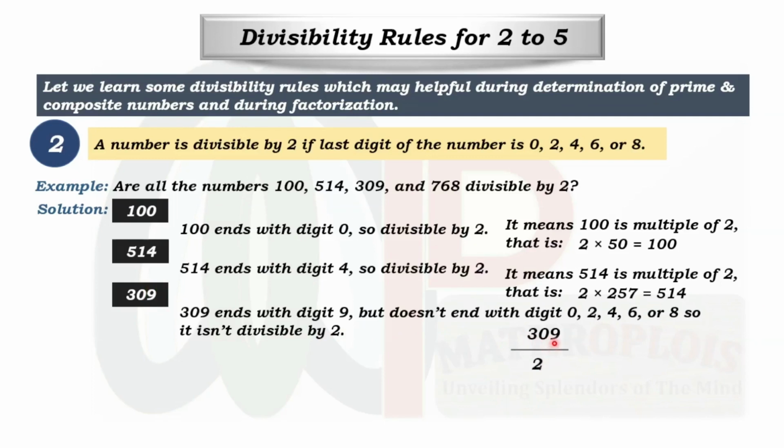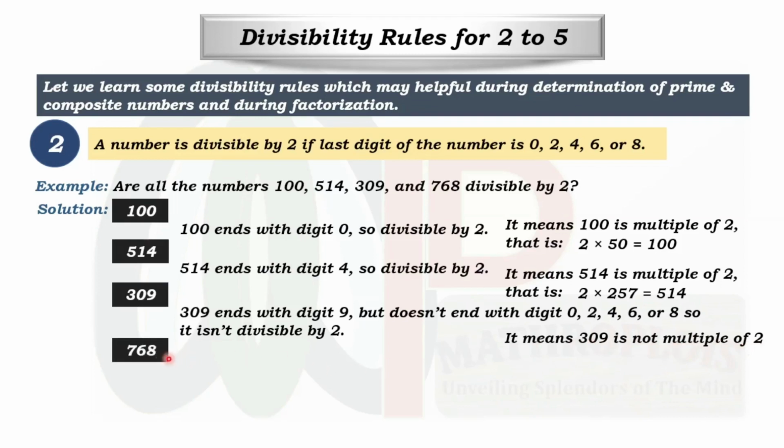The number 309 is not divided by 2 completely, but with some decimal part. That is 154.5, which is not a complete number, but has some decimal part also. It means 309 is not a multiple of 2.